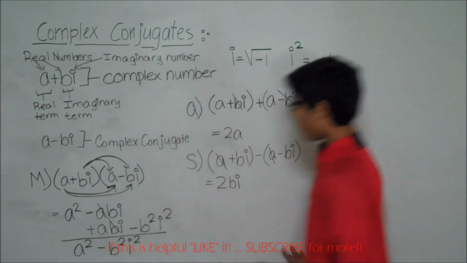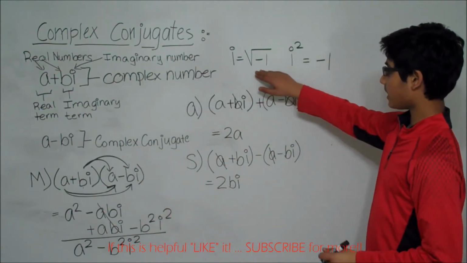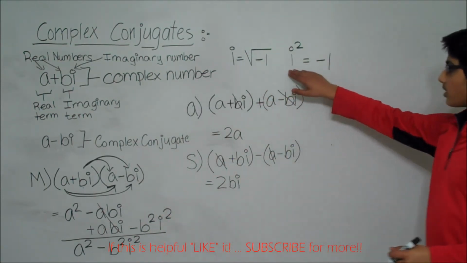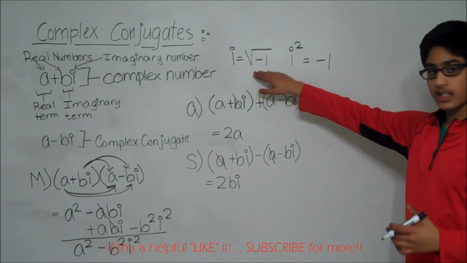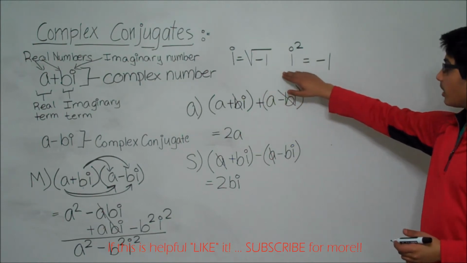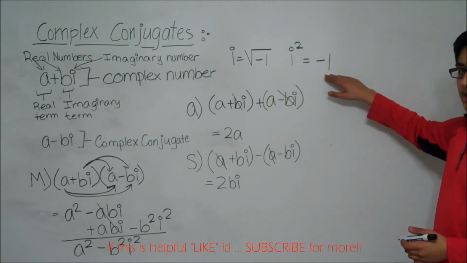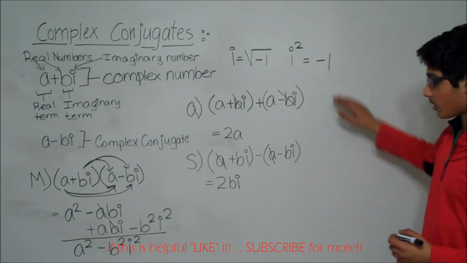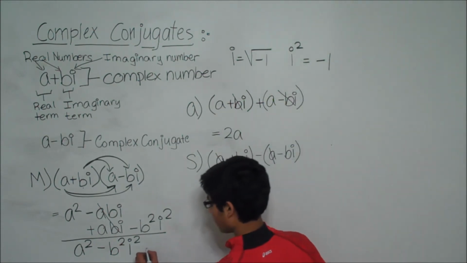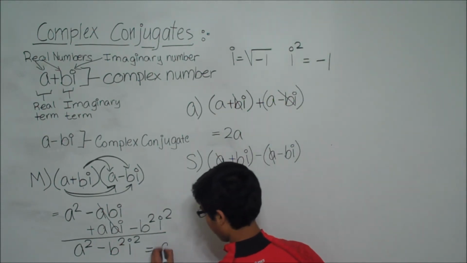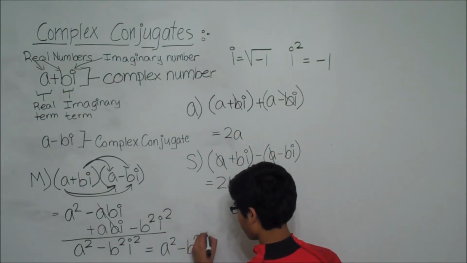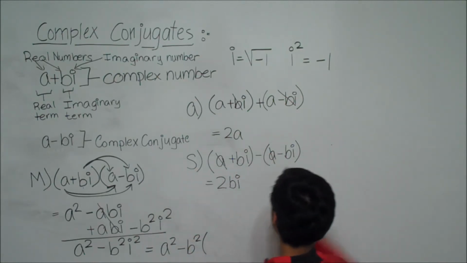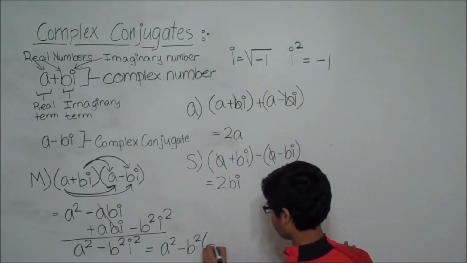Since we know that i is equal to the square root of negative 1, that means i squared is equal to negative 1. So this is equal to a squared minus b squared times i squared, which is negative 1.